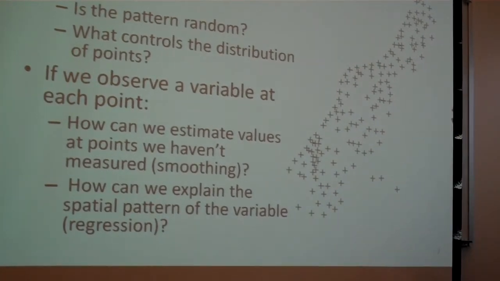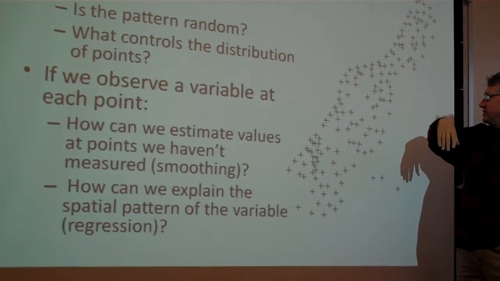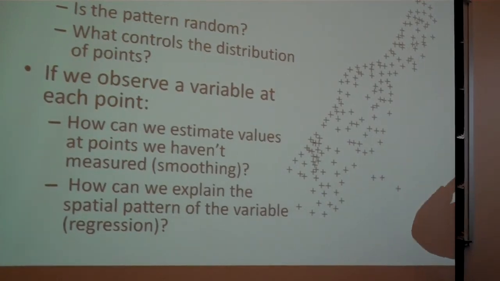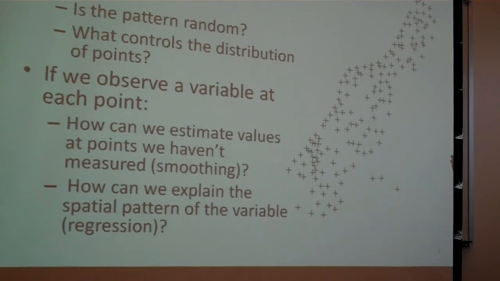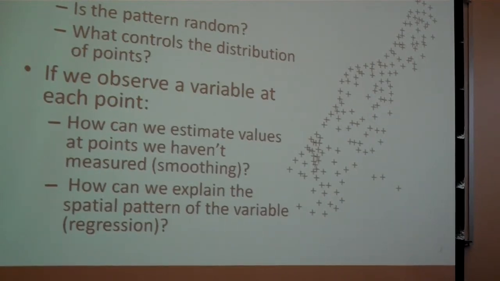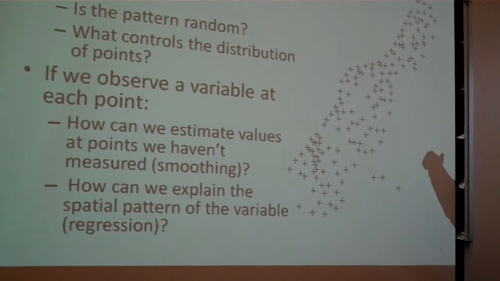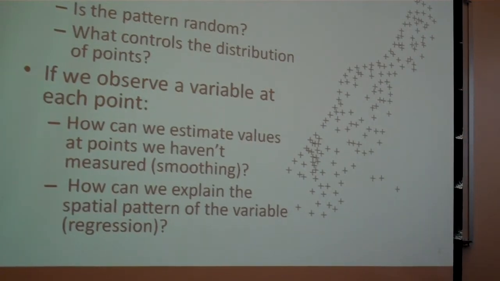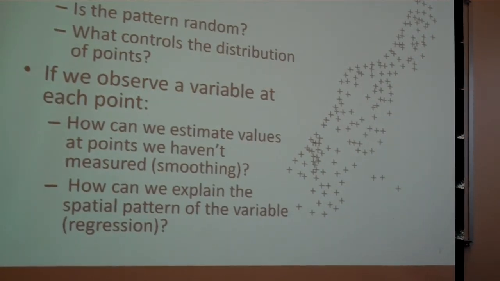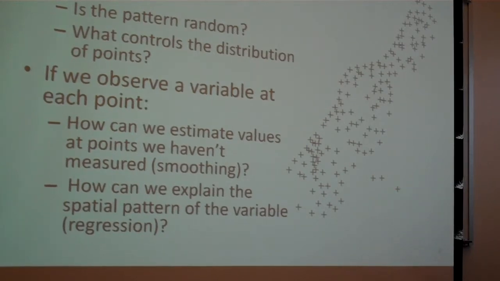So these could be trees. These could be sort of more generalized. These could be populations. Those are certainly the kind of ecological questions that could be asked about where these points are, right? So this is meant to be a map of occurrences of something, and we want to understand why it is where it is.